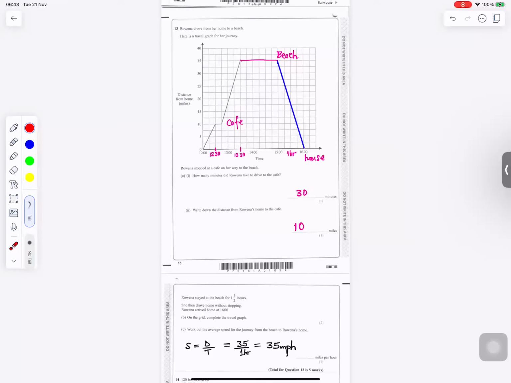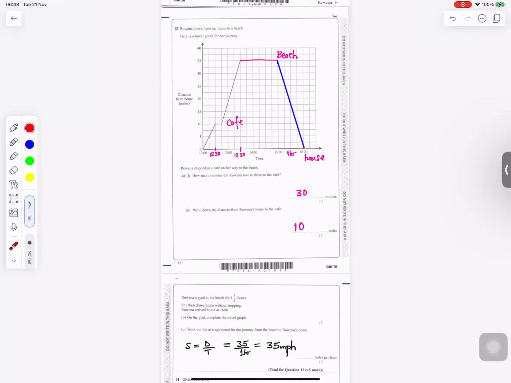Rowena stayed at the beach for 1.5 hours. So start from 1:30. 1:30 to 3 o'clock is 1.5 hours staying at the beach. And then drove home to get home at 4 o'clock. So come down straight that blue line there.